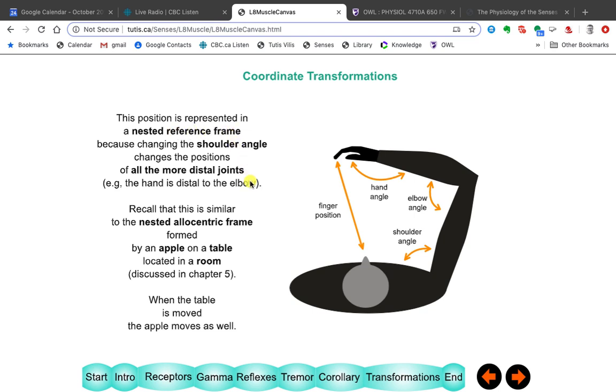We saw before an example of a nested allocentric frame in terms of an apple on a table. If we move the table, we move the apple as well. Here, if we change the angle of the shoulder, we move the finger as well. So that's what we mean by nested. What happens to this finger is dependent on what all these other angles are that it's attached to.